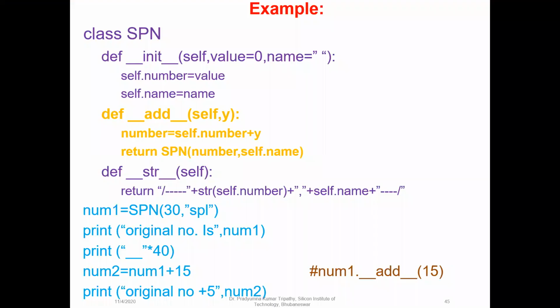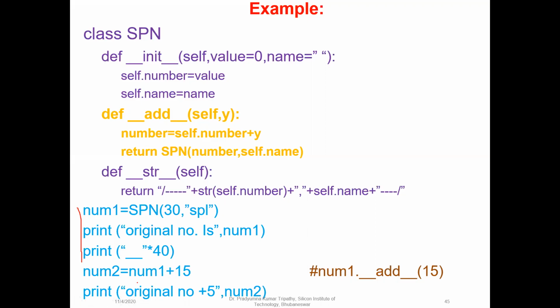Sir, once again, the norm2 part. I'm telling it again. You must have understood up to this. Okay. Now the question is norm2 is equal to norm1 plus 15. Correct?